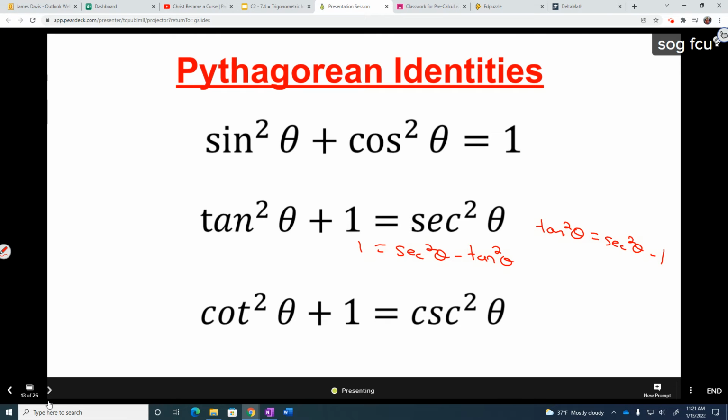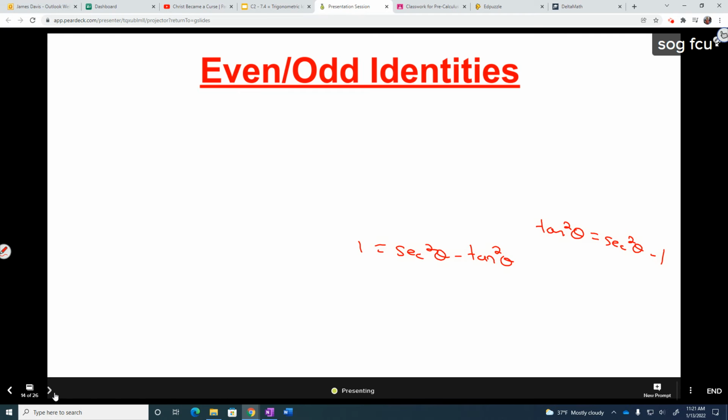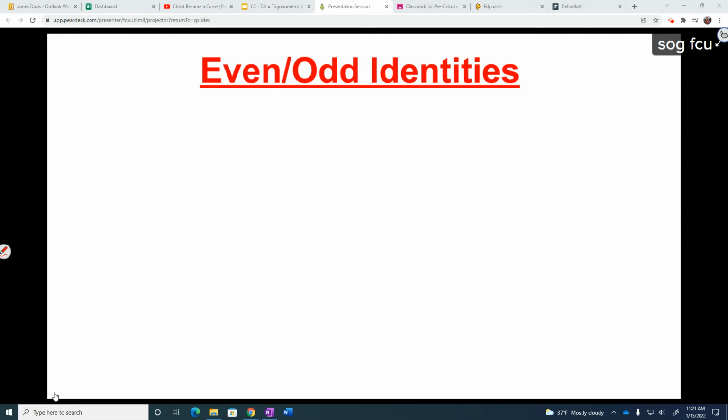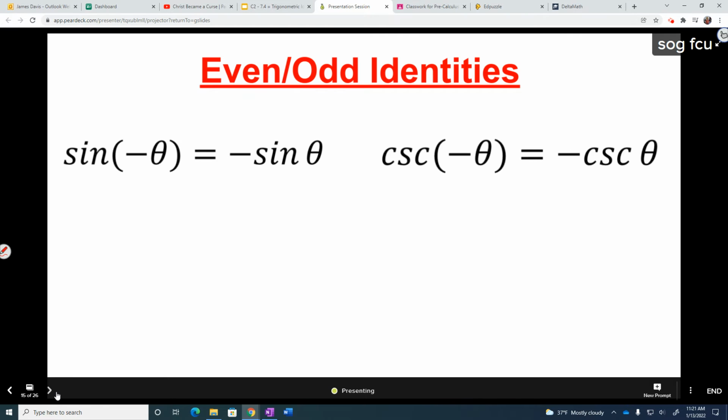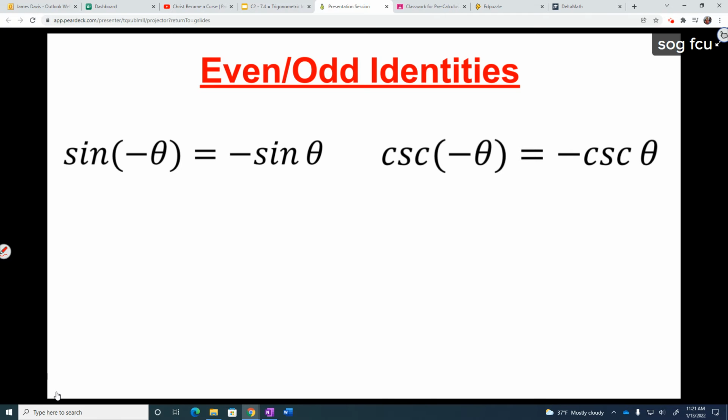And we've got one more set we're going to add. These are called even and odd identities. These tell us what to do if we have a negative inside of these functions. We've got 6 of these because there are 6 trig functions. And I'll give a little explanation of why this is the case.